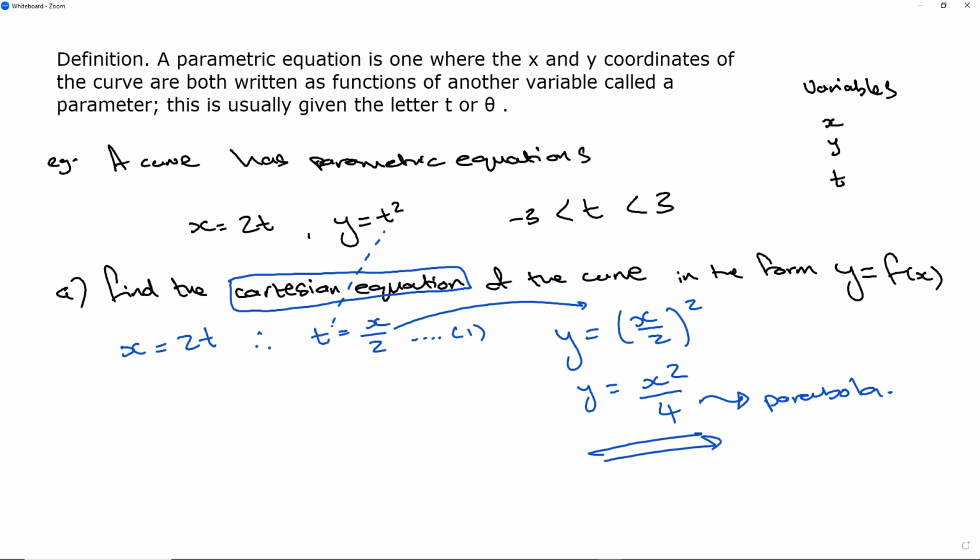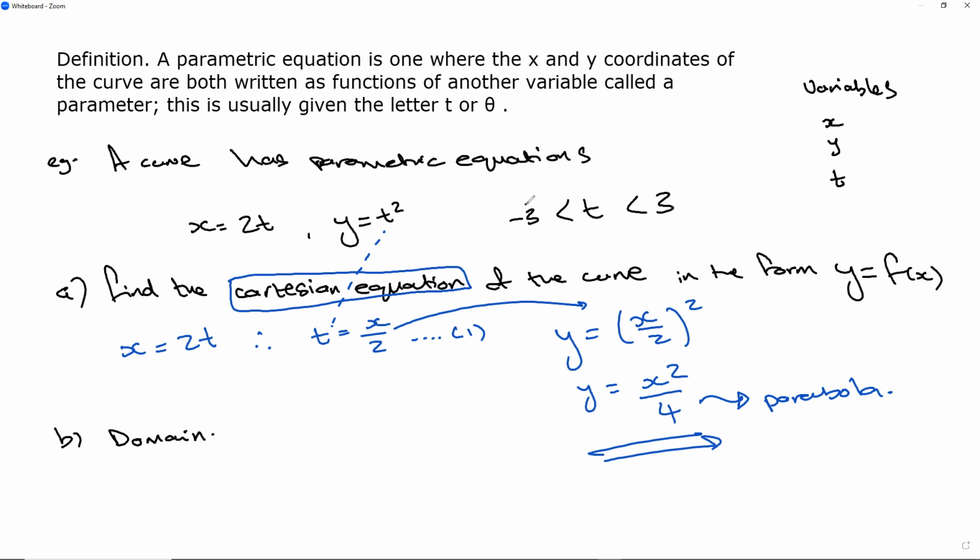The second part of this question says, write down the domain and the range of this. Now we can see that there are limitations on t, which means there will be limitations on the domain and on the range. That's pretty easy. All you have to do is substitute it into each. So if I want to find the domain, I must remember t can go down to negative 3.